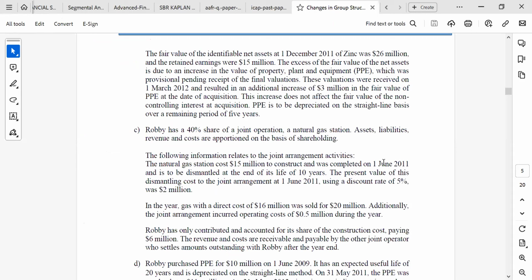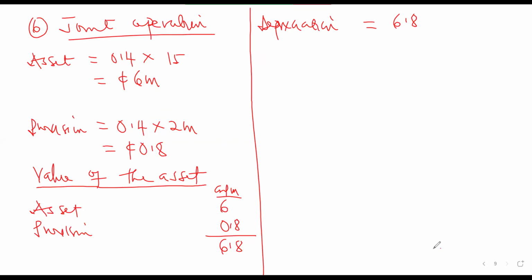The arrangement was done on 1st June 2011. It means that is a full year, June 2011 to 31 May 2012. So we depreciate the asset. That will be 6.8 divided by 10. What are we having as a depreciation? 0.68. Is that correct?